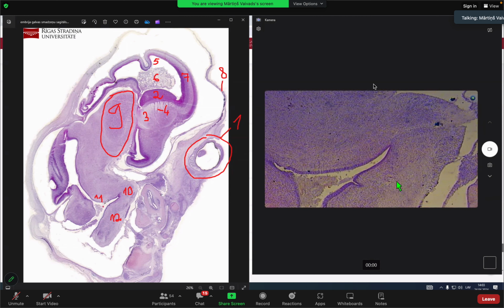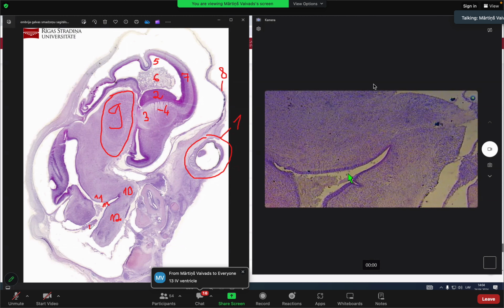Then you see there's a cavity, number 13. You also see the cavity here in the microscope, fourth ventricle. So number 13, fourth ventricle, ventriculus quartus.